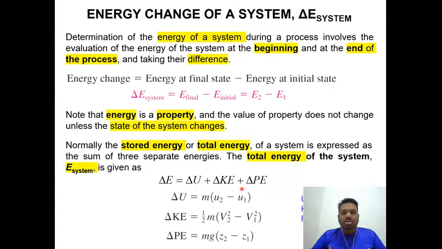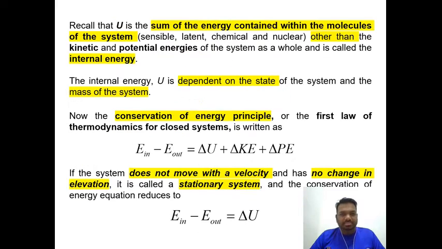You need to add all these three components in order to calculate the total energy. You can see here that kinetic energy, potential energy, and internal energy each have their own formula. Depending on the information given in the question, you can calculate the total energy.